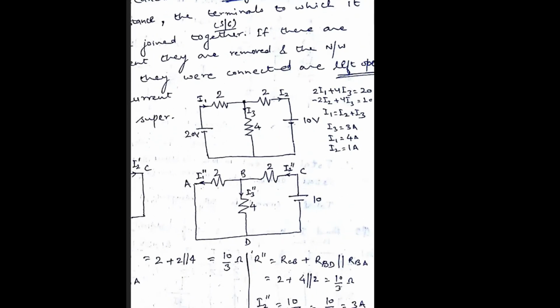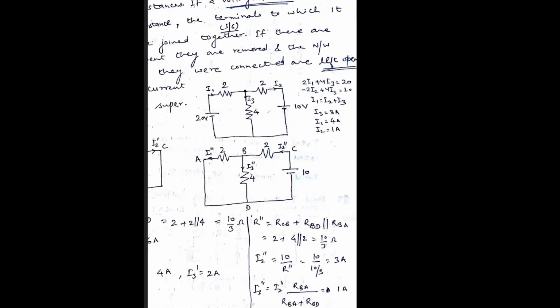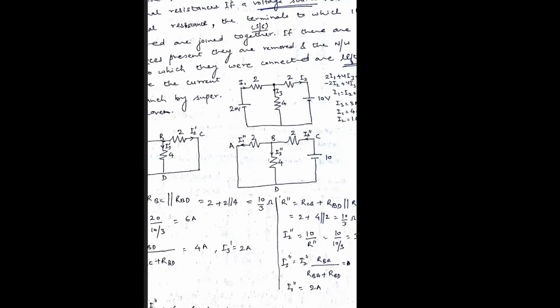I1, I2, I3. Okay. So now what we will do, we will calculate the I1, I2, I3 using superposition theorem and verify whether these values are same or not. Okay. So we are having two voltage sources.